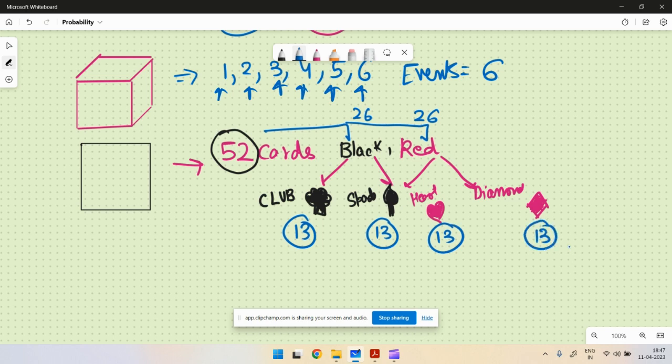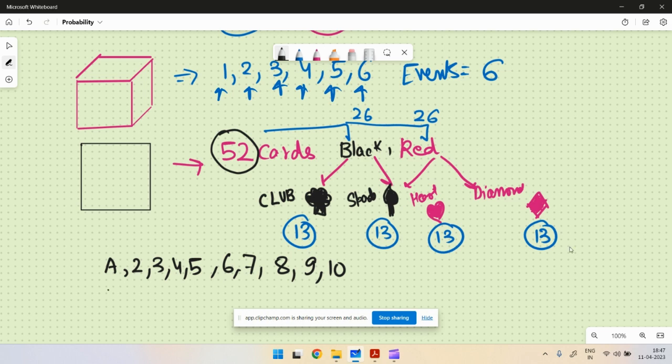And what are the numberings here? Numbers and alphabets. The cards look like A, 2, 3, 4, 5, 6, 7, 8, 9, 10. This is 1 to 10, and there is no 11, 12.